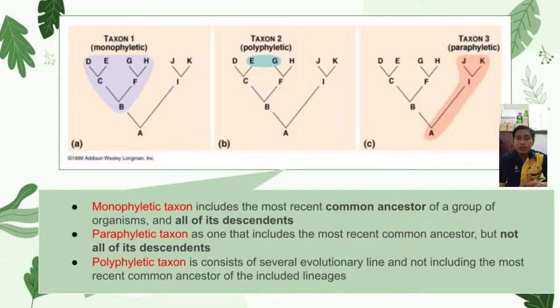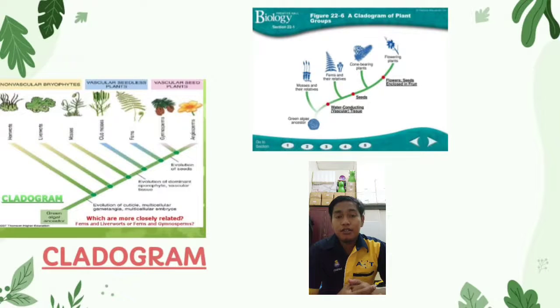And the last one is the polyphyletic taxon, a group that consists of several evolutionary lines, not including the most recent common ancestor of the included lineages. A cladogram is used by scientists studying the phylogenetic system to visualize groups of organisms, compare how they are related and find their most common ancestor.